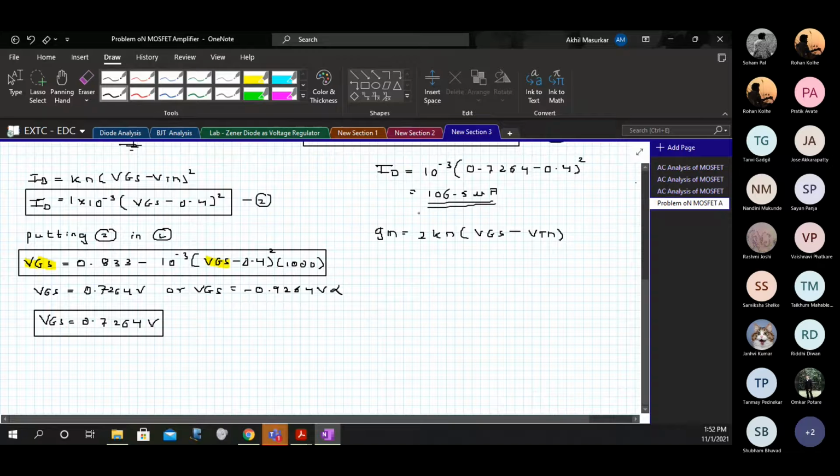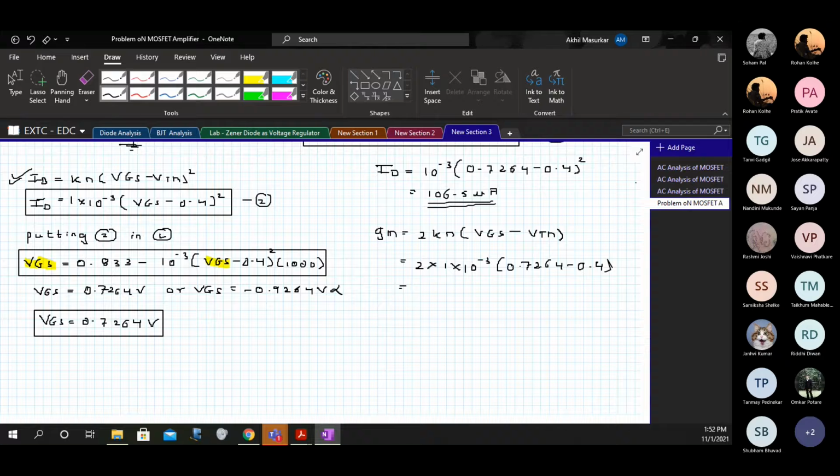If I differentiate this equation with respect to VGS, this 2 will come outside and what will remain is this bracket. So this is 2 into 1 into 10 raised to minus 3, into (0.7264 minus 0.4). What is the value of GM? Come on, calculate quickly.